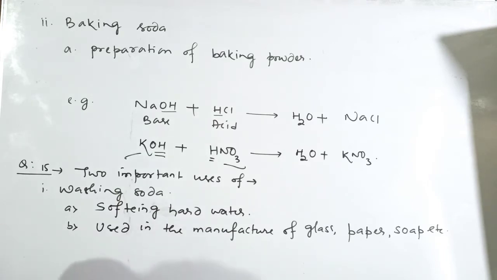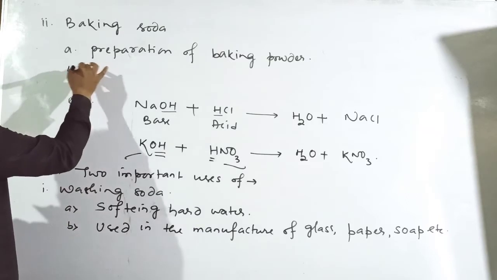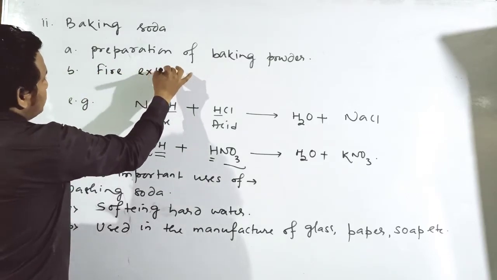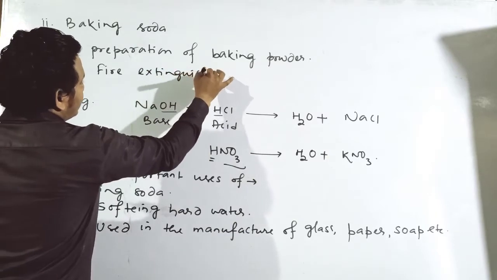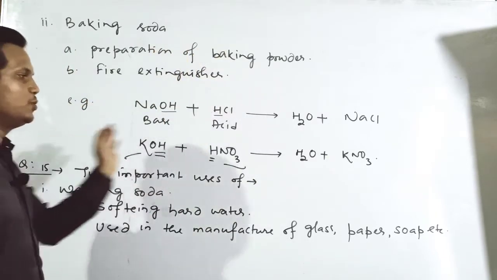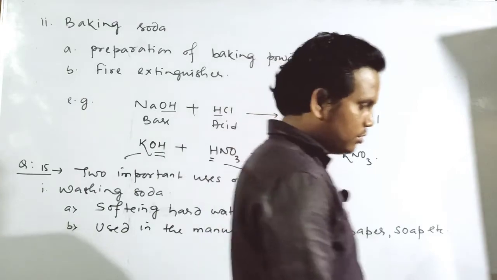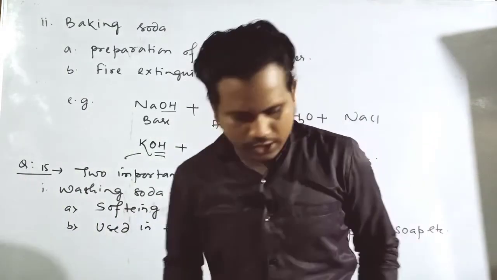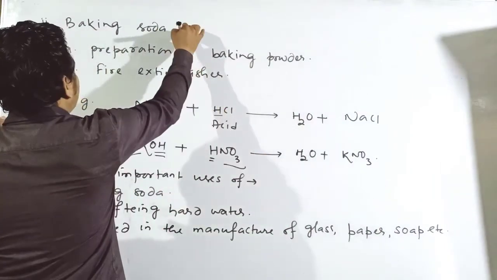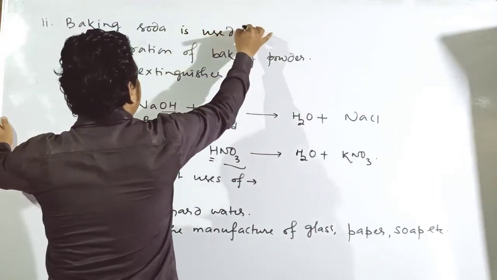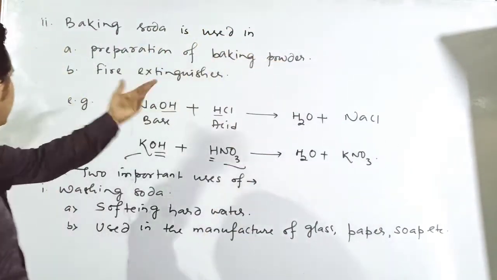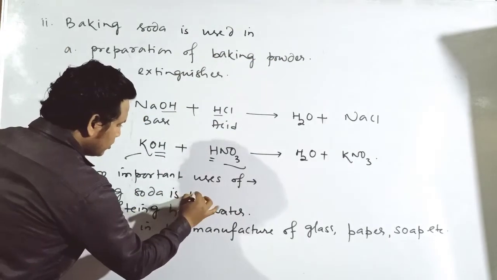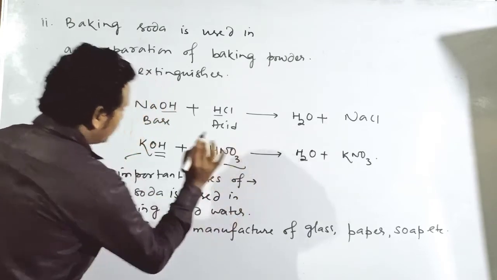So baking soda, you can say, is used in fire extinguisher. Or you can write a full sentence: it is used in the preparation of baking powder, in fire extinguisher. Okay.